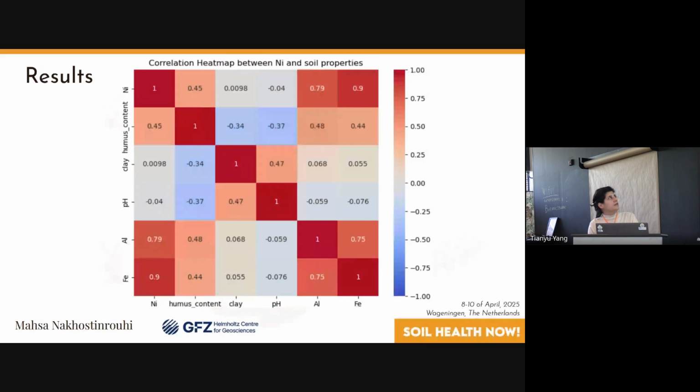And this heat map shows that there is almost high correlation between nickel and aluminum and Fe, in fact more than 0.70. So it can be the effect of aluminum and Fe or iron, mostly leading to that result from explainable AI methods.